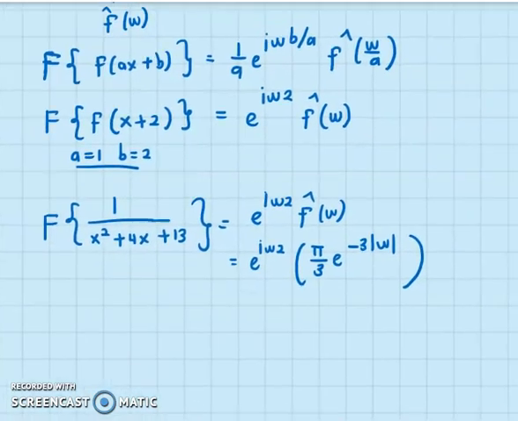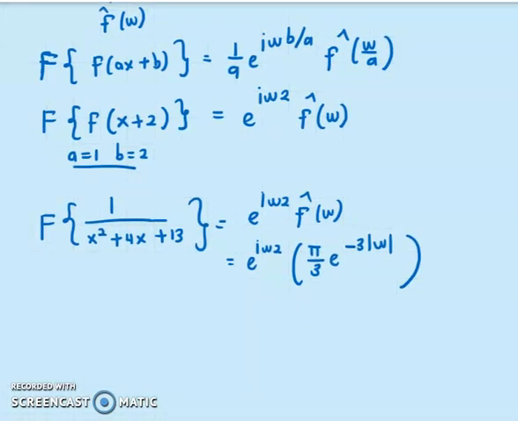Okay, you can't simplify this, but I can take out the pi over 3 term. Normally you will write it like this: pi over 3, e to the 2i omega, e to the minus 3 omega.